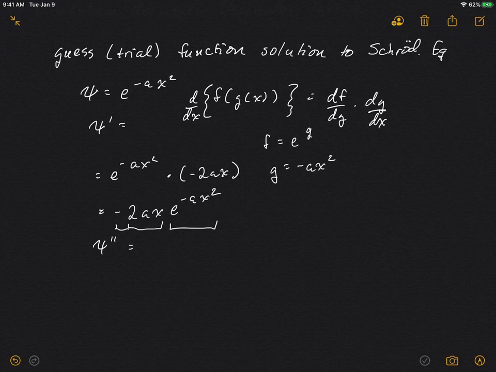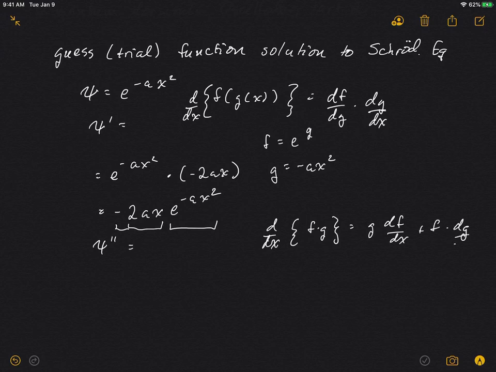So that's the product rule, which is d dx of fg is g times df dx plus f times dg dx.